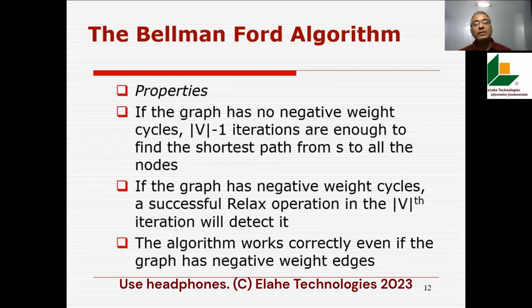So we can say that after k iterations, we will know the shortest paths from S to all nodes which are k hops away from S. Understand that any vertex in the graph is at most v minus 1 hops away from S.